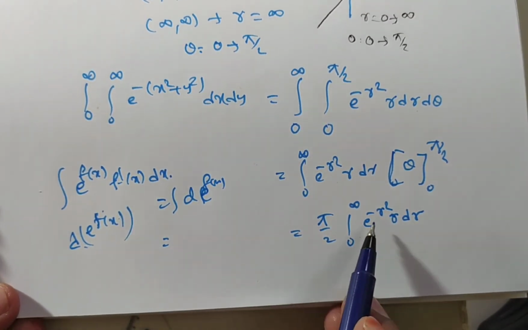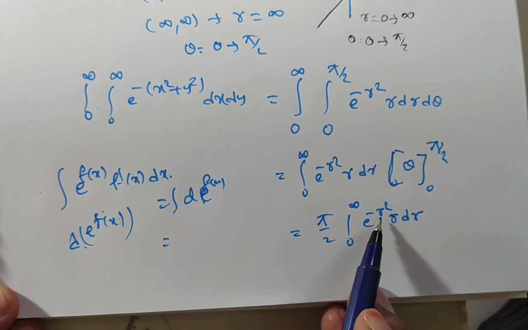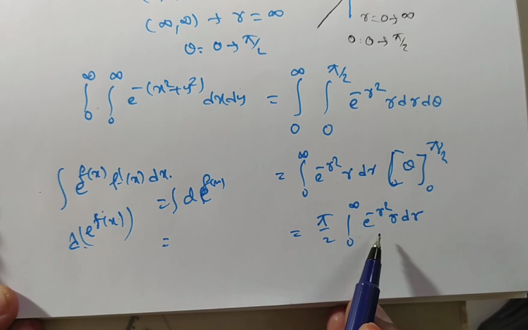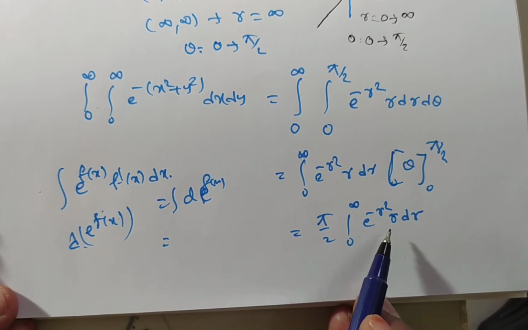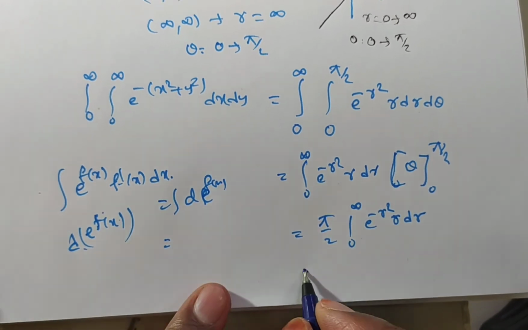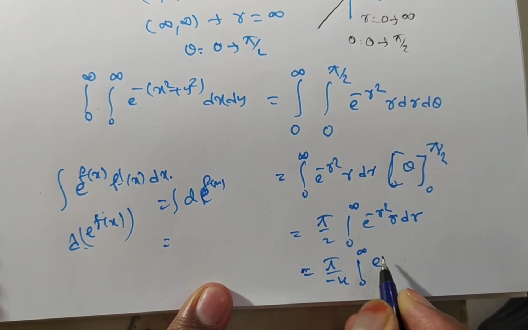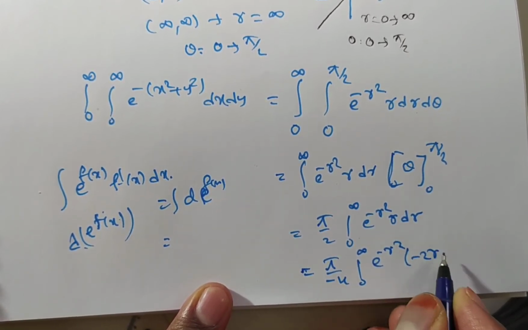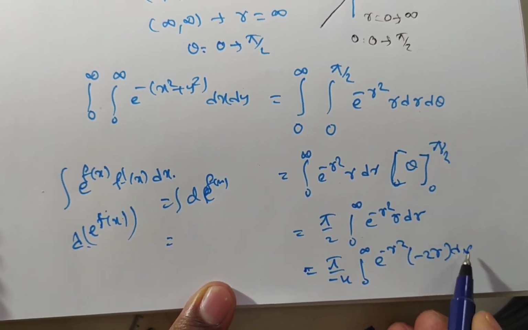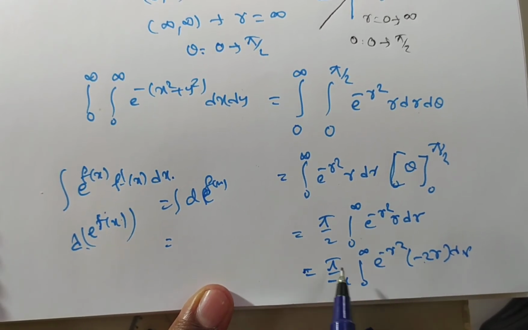Then what we have is e to the power of minus r square. What is the derivative of minus r square? Minus 2r. Is it there here? No. So what you have to do here is multiply and divide with minus 2. Then you will have pi by minus 4 integral from 0 to infinite e to the power of minus r square into minus 2r into dr. You see I multiplied with minus 2 and divided with minus 2.